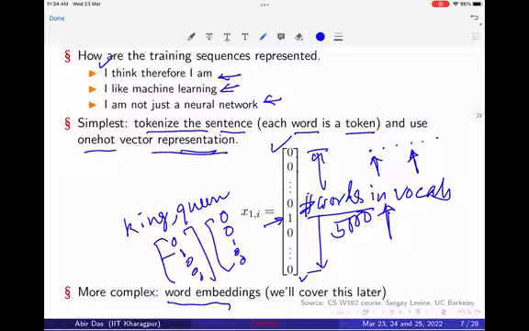If you just put the king's index here and the queen's index there, the distance between them, if you just take the difference and take the L2 norm, is sort of high. So it should not be that.